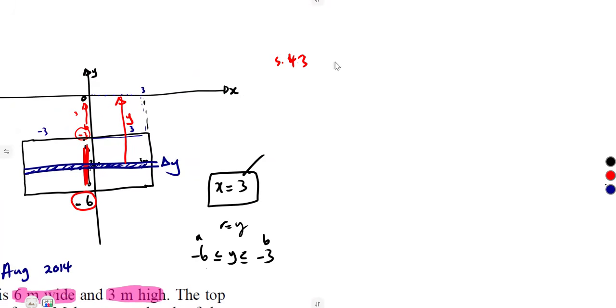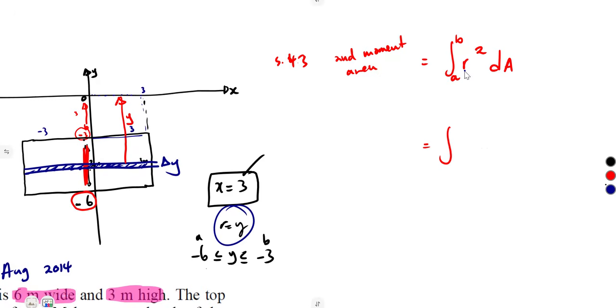The second moment of area, or the second area moment, is r squared dA. Remember the properties: r squared dA from a to b. Remember, r does not change. Our r is always equal to y, and our dA is what?